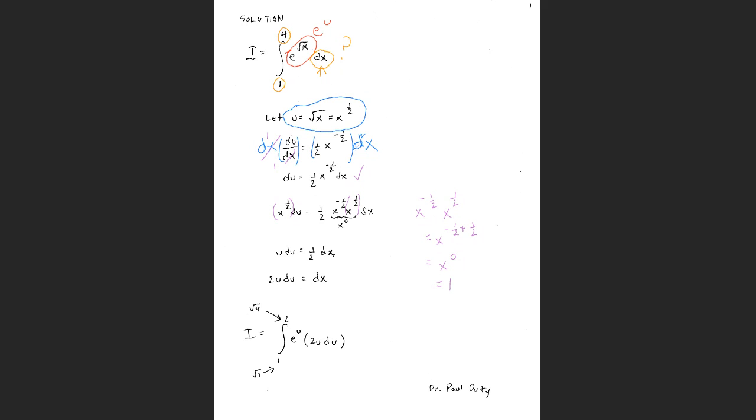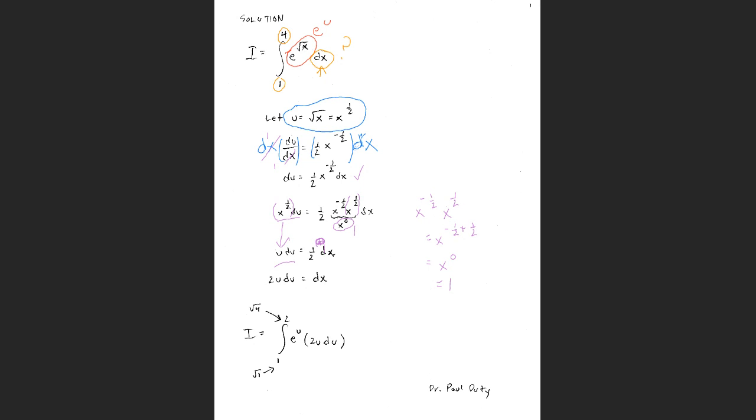It equals 1. So now, remember, x to the half was equal to u. So on the left side here, we have u du. And then on the right side, we have 1/2 times 1 times dx. I don't think I need to put that there, but x to the 0 power is just 1, right?